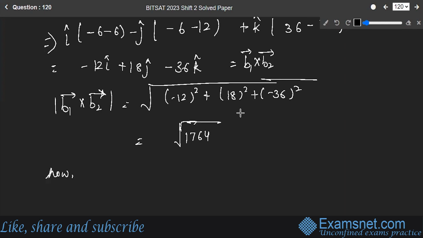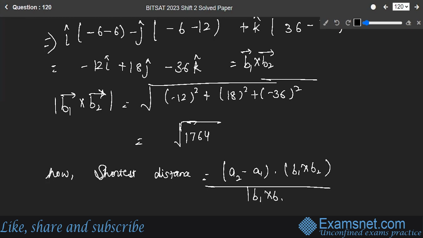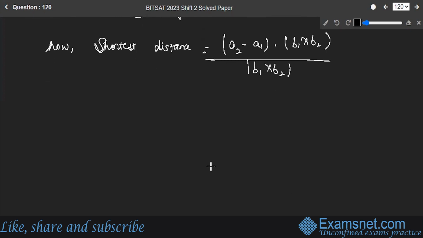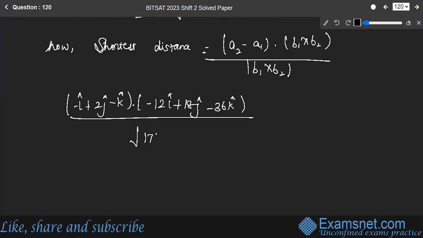Now, the shortest distance is given by (a2 − a1) dot (b1 × b2) divided by the magnitude. So a2 minus a1 was −i + 2j − k, dot product with −12i + 18j − 36k, divided by this.